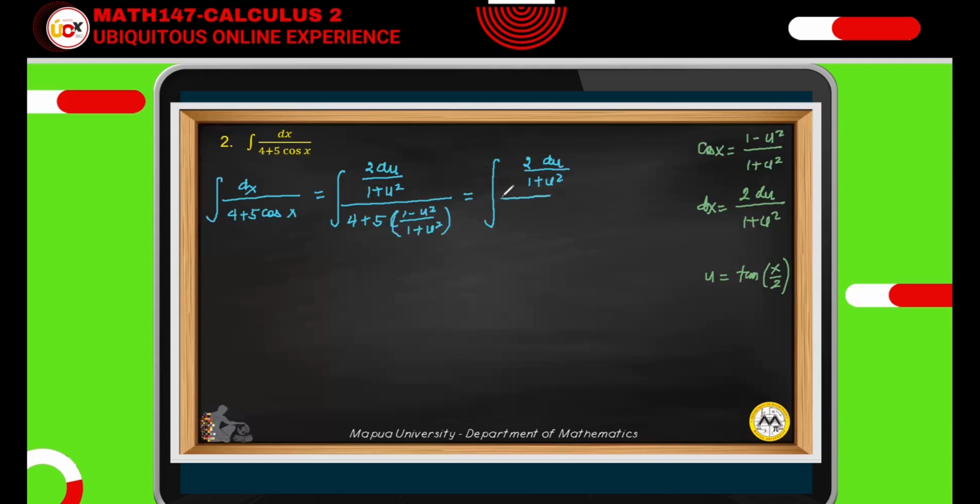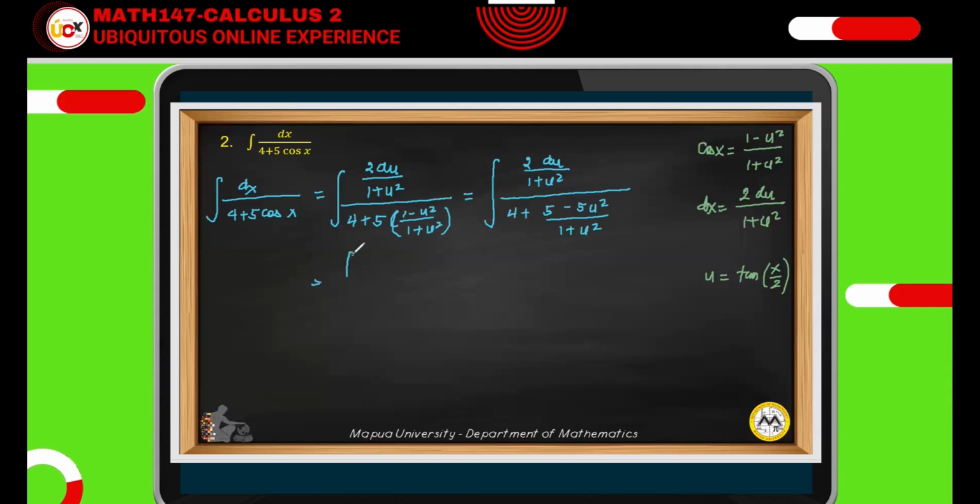And what about the denominator? We will have 4 plus, if we multiply 1 minus u squared over 1 plus u squared by 5, that gives us 5 minus 5u squared over the denominator 1 plus u squared. We can simplify by getting the common denominator, which is 1 plus u squared.